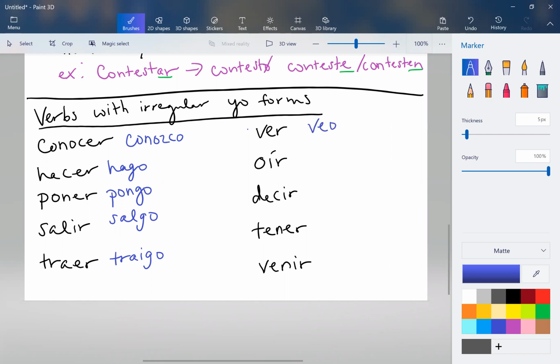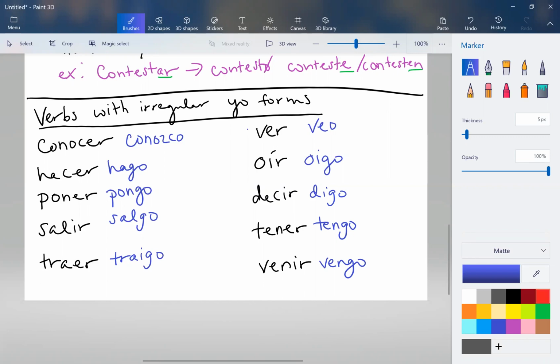Oír, oigo. Decir is digo. And you guys should definitely know tener. Tengo. And venir rhymes with tener. Vengo. Exactly.